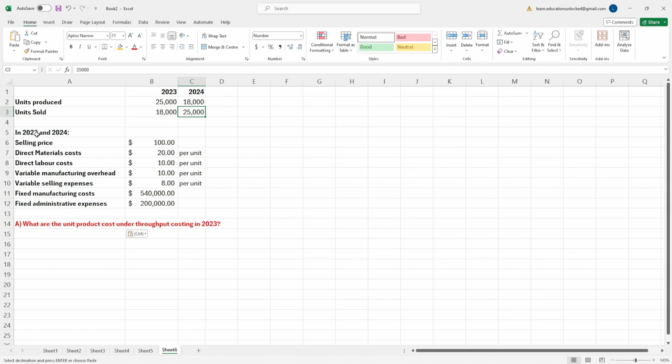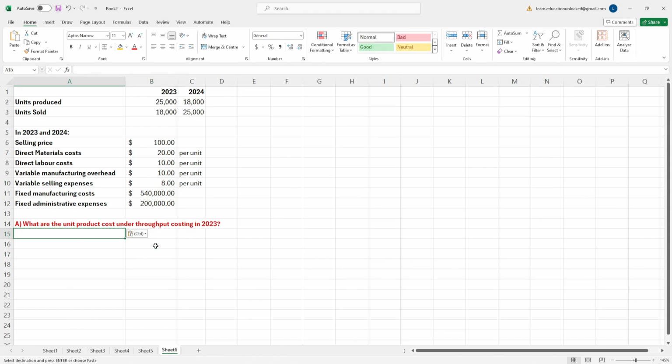In both years, the selling price was $100. Direct material cost is $20 per unit. Direct labor cost is $10 per unit. Variable manufacturing overhead is $10 per unit. Variable selling expenses are $8 per unit, and fixed manufacturing cost is $540,000. Fixed administrative expenses are $200,000.